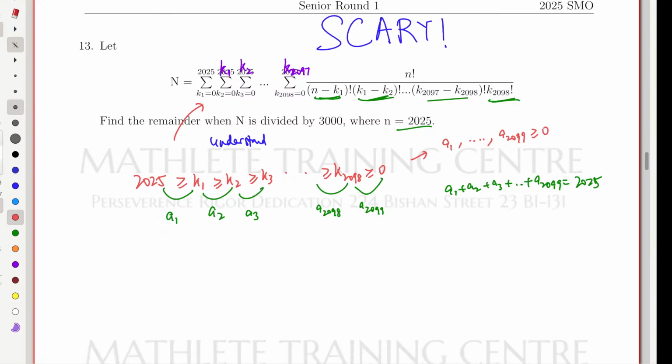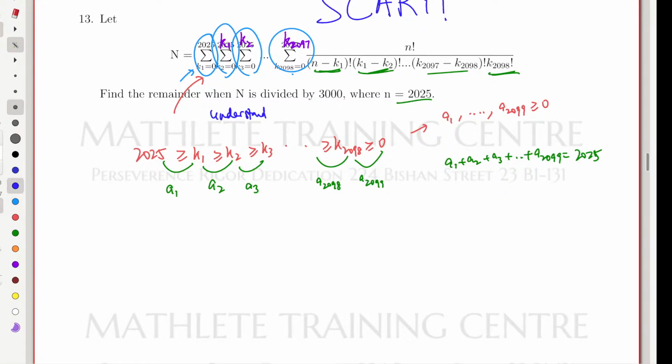Now, what happens during the summation? What happens during the summation is that basically now you're summing over all possible pairs. Because this one here, you are summing across all possible values of A1. This one here, you're summing across all possible values of A2. This one here, you're summing over all possible values of A3. This one here, you're summing over all possible values of A2099.